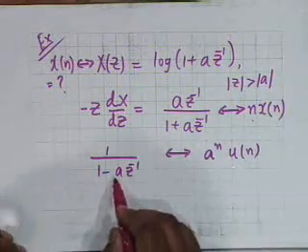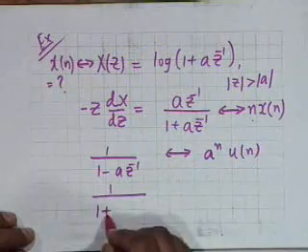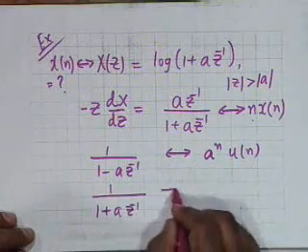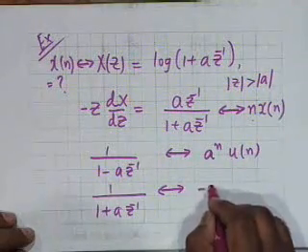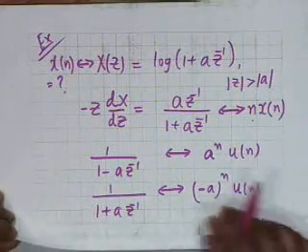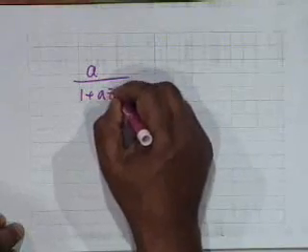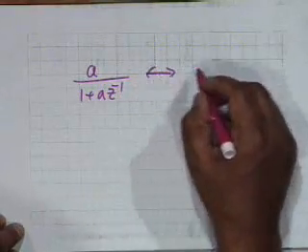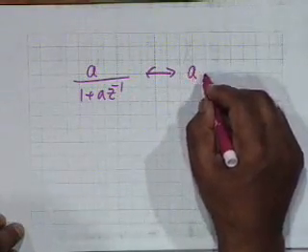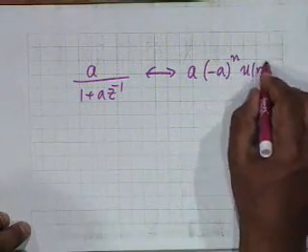Now, instead of minus a, we have a plus a here, and therefore 1 by 1 plus a Z inverse is the Z transform of minus a to the power n u of n. All right. Then you multiply by a, so a by 1 plus a Z inverse is the Z transform of a times minus a to the power n u of n.